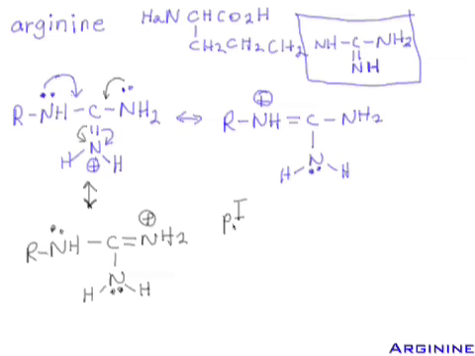Well, if I was to take the fully protonated form and begin deprotonating, I would start with a positive here, a 2 plus. When I deprotonated, I would get a 1 plus. So it's after pKa2 that I would get the zwitterion, and you should draw out the full equilibria for these and see that.